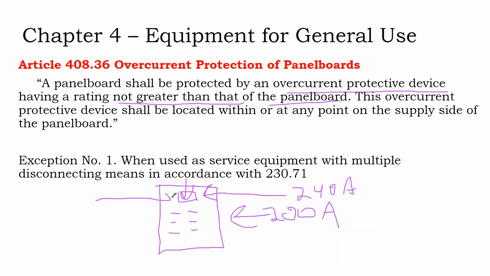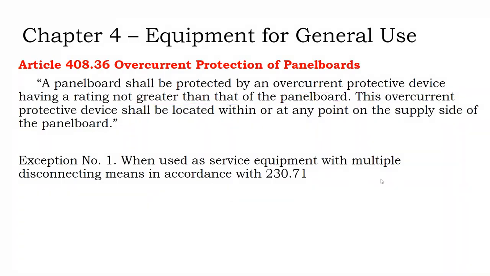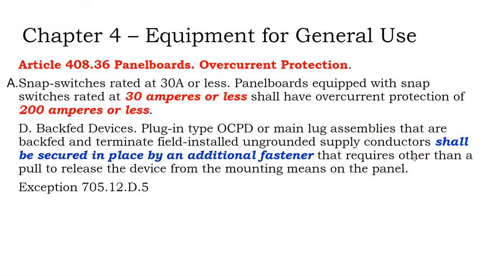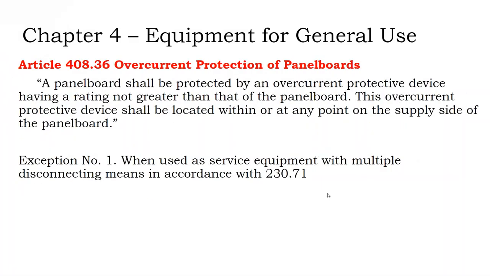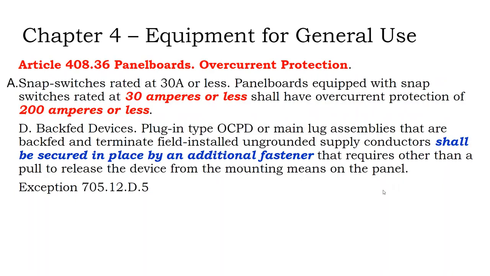Sometimes you'll get a 225 amp main breaker on a 200 amp panel, but if you look inside, they've actually given that bus bar a 225 amp rating. It's an unusual circumstance. So there might be some different circumstances, and we'll talk about that in the interconnection discussion in a little bit.